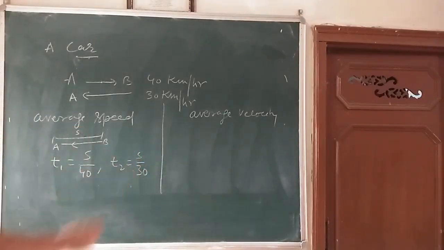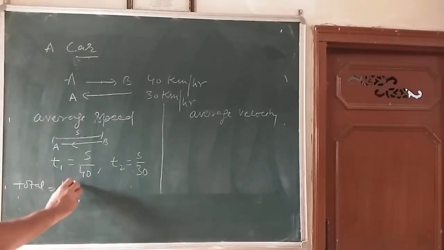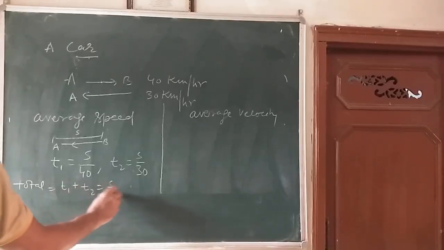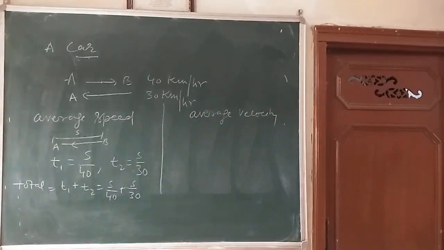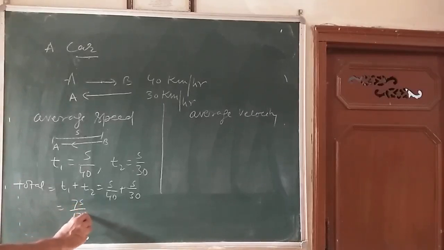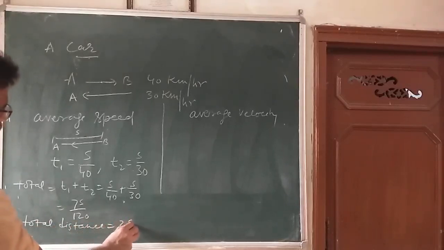So total time taken, that is t1 plus t2, s by 40 plus s by 30. Take an LCM and solve it. You will get 7s divided by 120. 120 is LCM here. The total distance covered is s plus s, 2s.